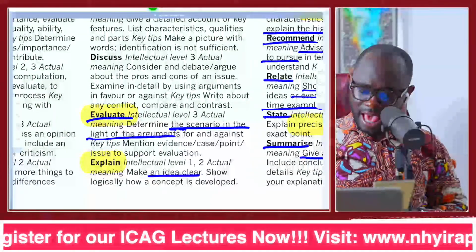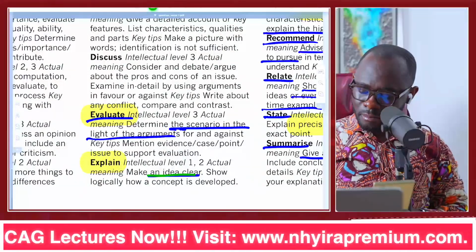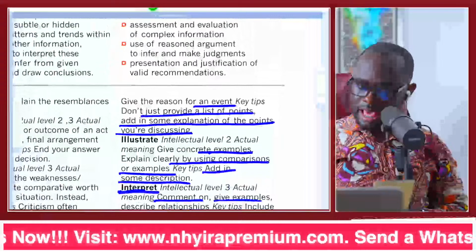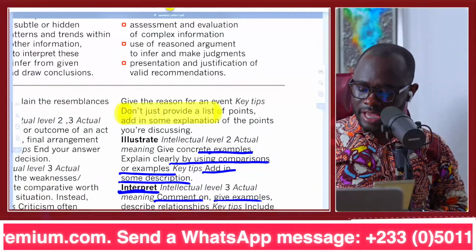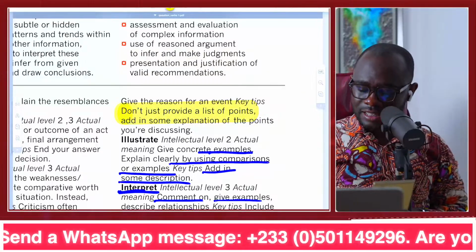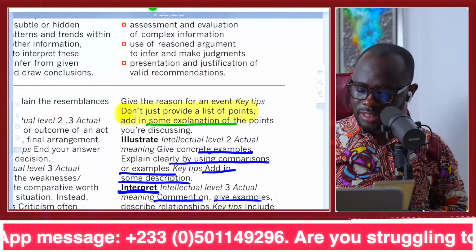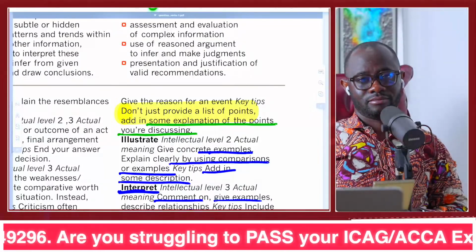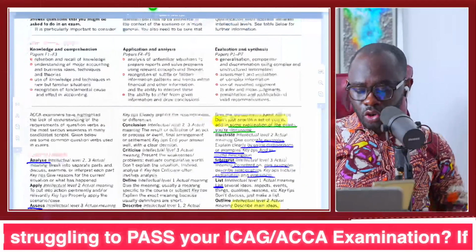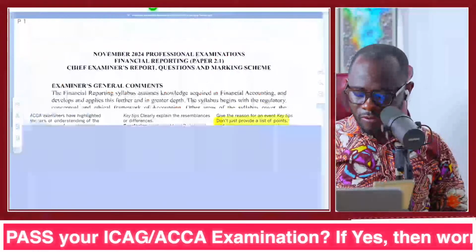We said explain means make something clear, and don't just provide a list of points, add in some explanation of the point you are discussing. So these are the common verbs.